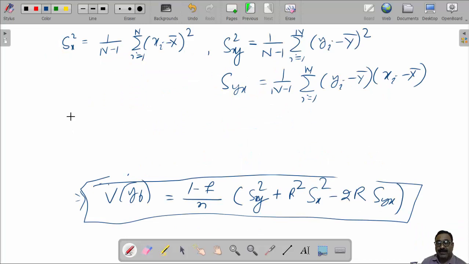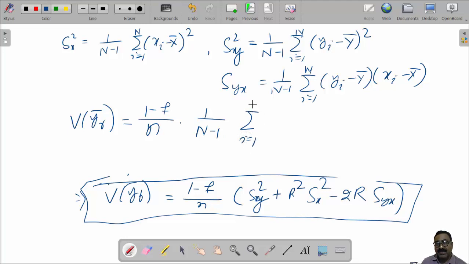So using this in this expression, variance of y r bar equal to 1 minus f by n into 1 by n minus 1 summation i equal to 1 to n yi minus r xi whole square. On simplification, we can get this yi minus r xi whole square.